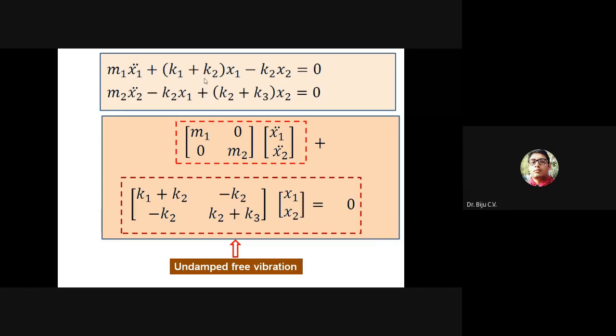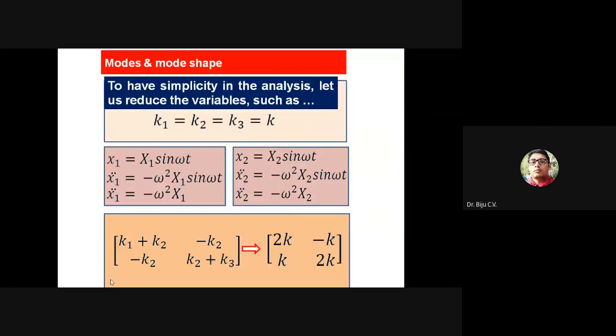Whatever equation you have here can be reproduced with this matrix. Simple part. Now, for simplicity, because of the shortage of time, I am reducing the variables K1, K2, K3 into a common variable K, and X1 equals X1 sin omega t, X2 sin omega t.